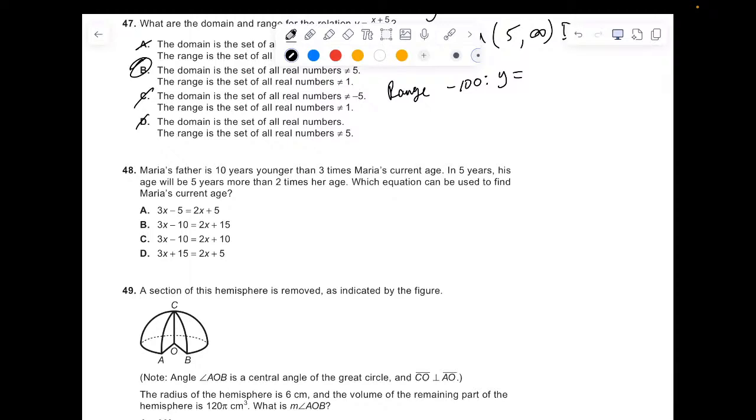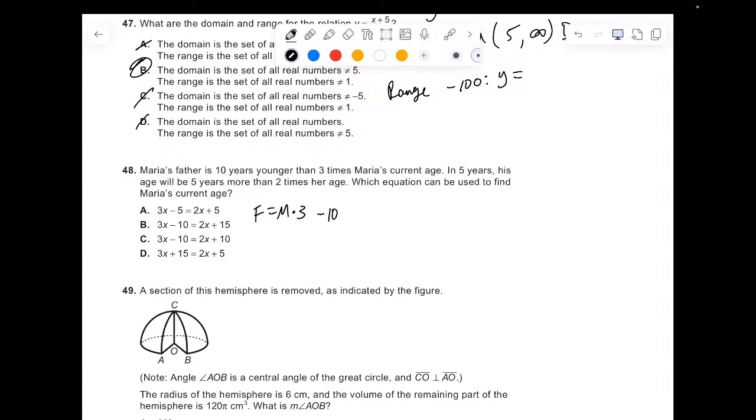Maria's father is 10 years younger than 3 times Maria's current age. Maria's father is equal to 10 years younger, so it's going to be a minus 10 than Maria's age times 3.